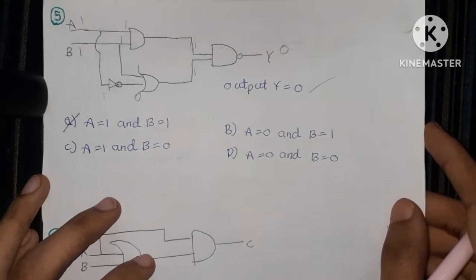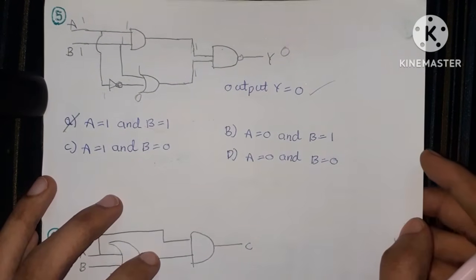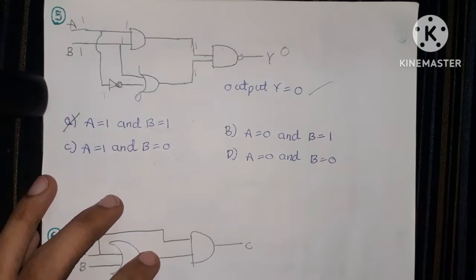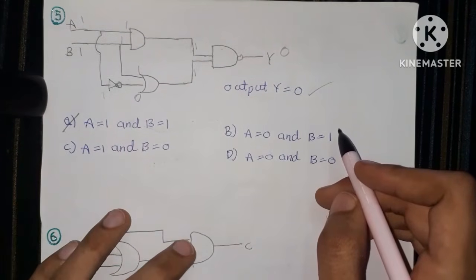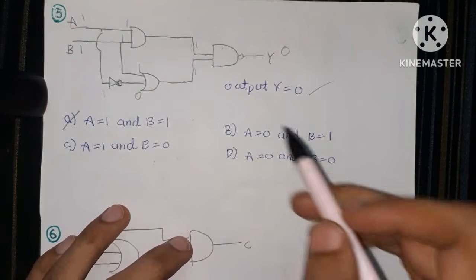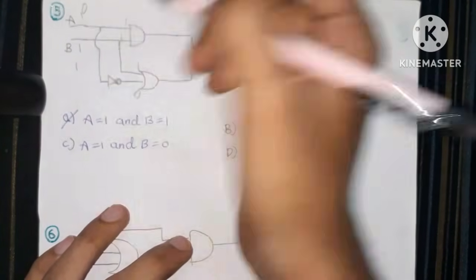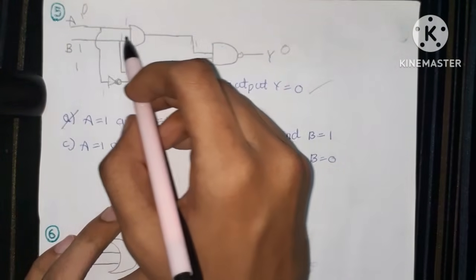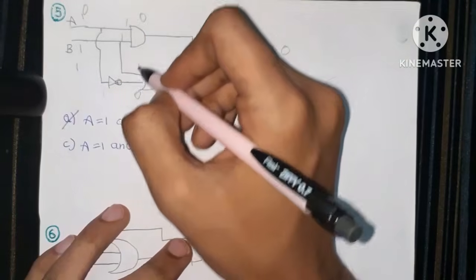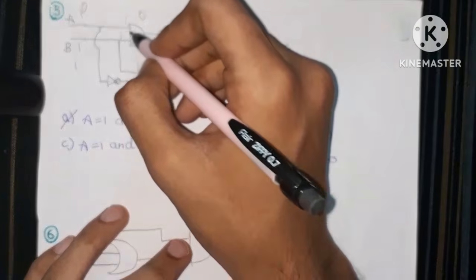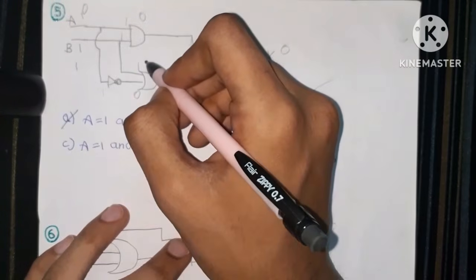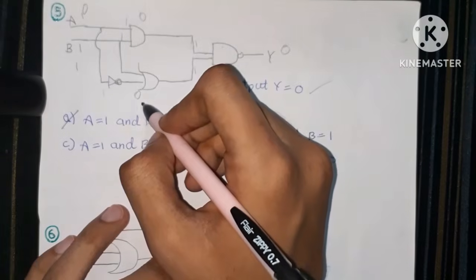Okay, we will go through the B option also and check what will be the output of that. We are having 0 and 1 here. Okay, we are taking 0 and 1. Here 0 is coming like this. Here we are having 0, and 0 will also go like this, and we are having 0 here.